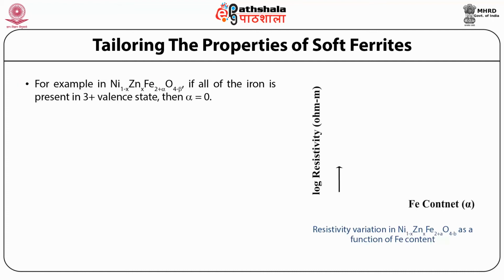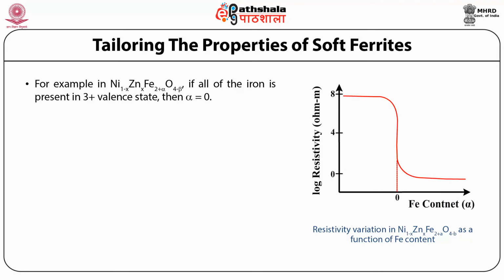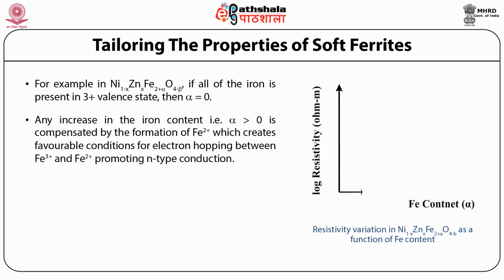For example, in nickel zinc ferrite, if all of the iron is present in the 3+ valence state, then alpha is 0. Any increase in the iron content, that is alpha greater than 0, is compensated by the formation of Fe2+, which creates favorable conditions for electron hopping between Fe3+ and Fe2+, promoting n-type conduction.